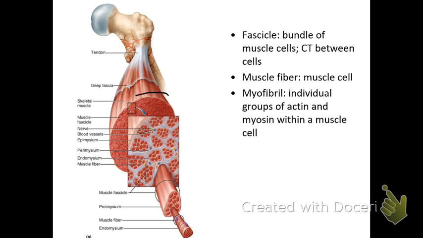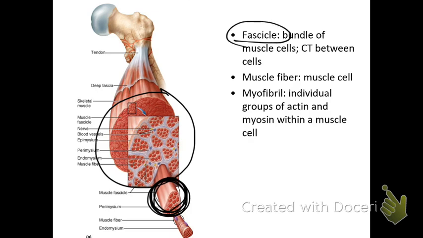So within this entire muscle that we're seeing here, there are actually groups, right, clusters of muscle cells, and each of those clusters or groups is referred to as a fascicle. So a fascicle is a bundle of muscle cells, and there's connective tissue in between the cells in these bundles.